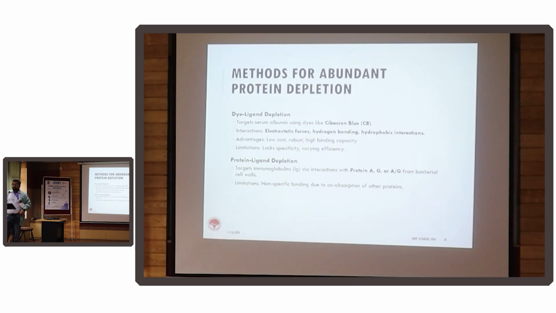That's what your sample is showing. It's not showing a biomarker as such. Also, you have specific protein ligand depletion columns that act via interactions from bacterial cell walls, like protein A or protein G, but again, they are non-specific binding. So non-specificity is something that we want to avoid.